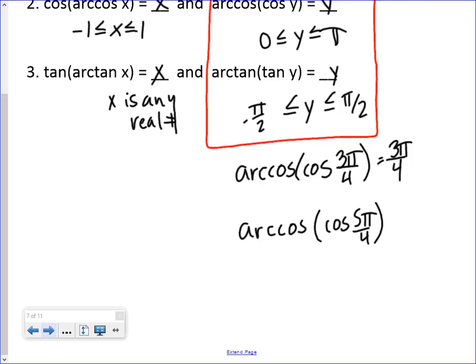But if I answer 5 pi/4, and I think back to this interval on which y can be, 5 pi/4 is outside of that range. So what I would be thinking about is, what is the cosine of 5 pi/4? What's the x value at 5 pi/4? -√2/2. If you have that ratio, what's the arc cosine of -√2/2?